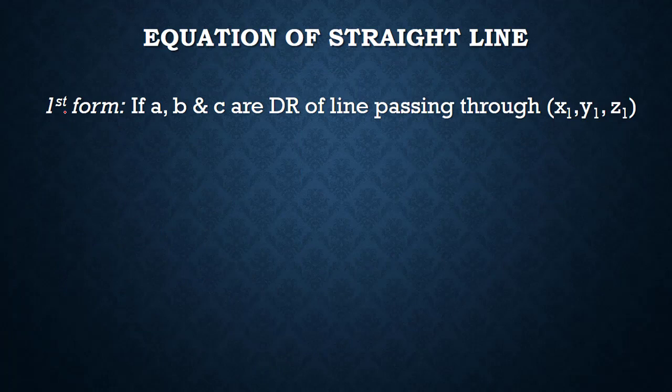So the equation of a straight line, first form. If A, B, C are the direction ratios of a line passing through the point x1, y1 and z1, then what is the equation of the straight line? It is very simple. These are direction ratios, DRs, and the point through which the line passes is also given.